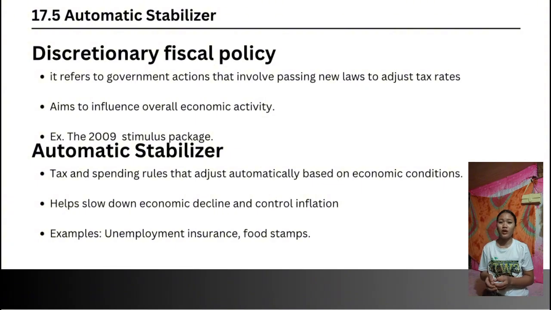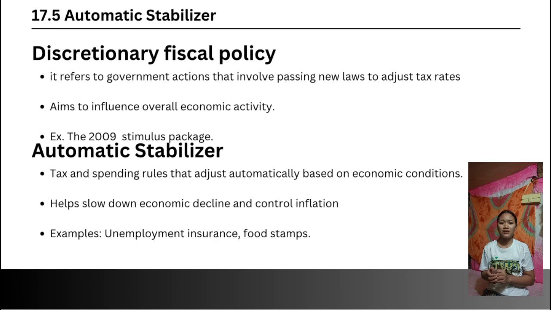One example is during the COVID-19 pandemic, when the Philippine government passed the Bayanihan to Heal as One Act, which allowed large-scale financial assistance to citizens, health workers, and businesses. This is an example of discretionary fiscal policy because it required new laws and actions to boost the economy.